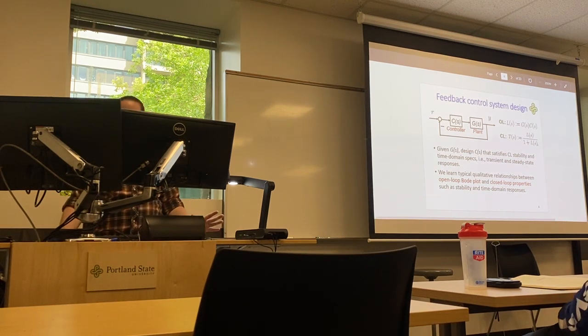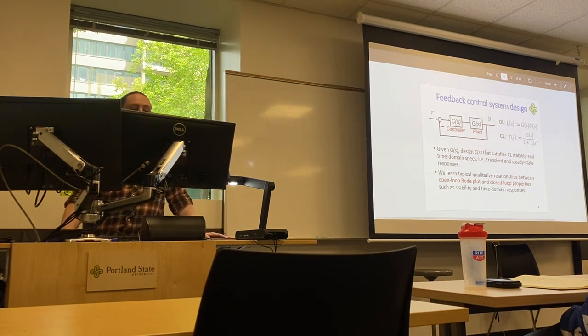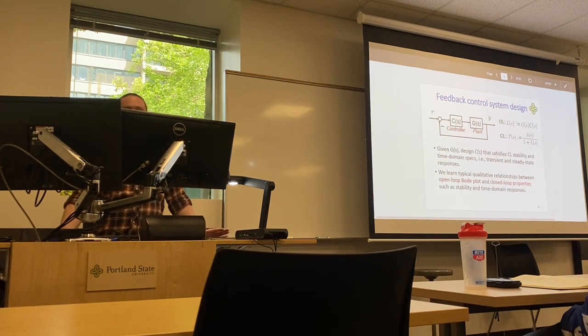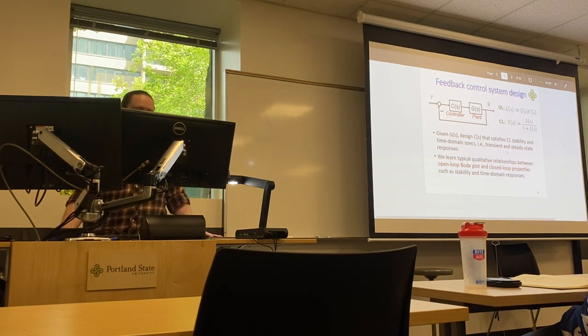Hope you guys are all very familiar with it at this point. So given the plant, we would design the controller that would satisfy the closed loop stability and time domain specs, i.e. the transient and steady state response. We learned the typical qualitative relationships between the open loop Bode plot and the closed loop properties, such as stability and time domain responses.